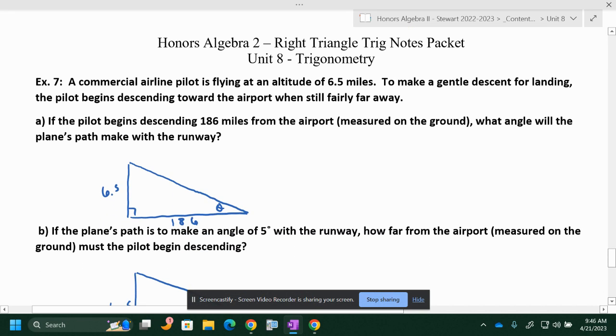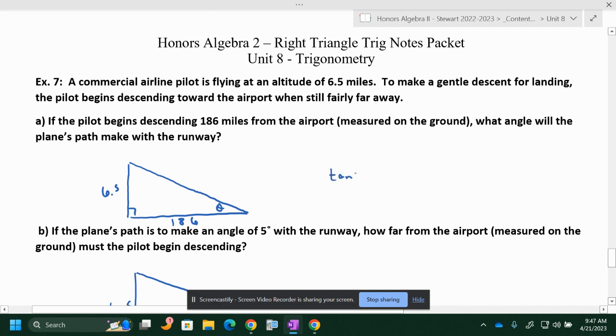A commercial airline pilot is flying at an altitude of 6.5 miles and makes a gentle descent for landing, descending towards the airport when still fairly far away. The pilot begins descending 186 miles from the airport. What will the angle be that the plane's path makes with the runway? This is very similar to what we just did.